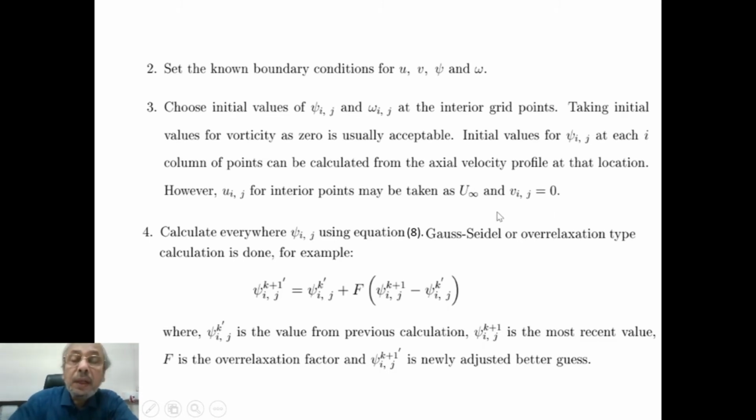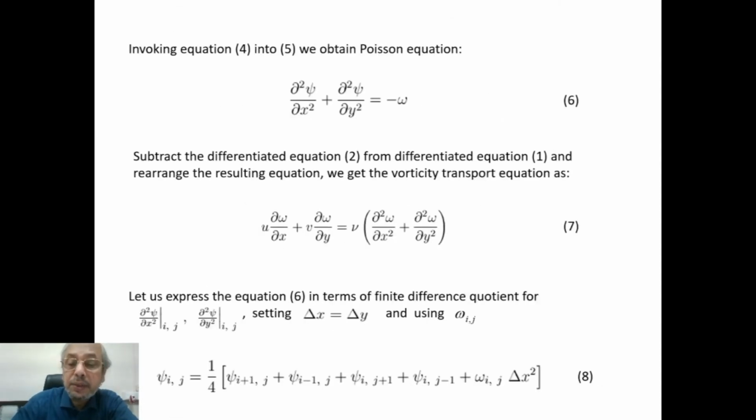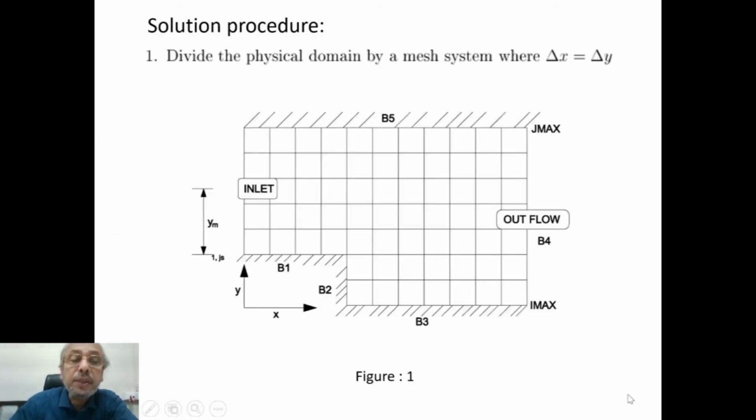Now if in this geometry, everywhere initial omega, initial psi, initial u, initial v is there, then from the expression of psi, if you recall, what was the expression of psi? Equation 8. So surrounding psi's and omegas, at a point of interest, we can calculate the new value of psi.